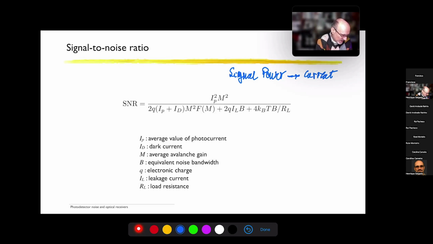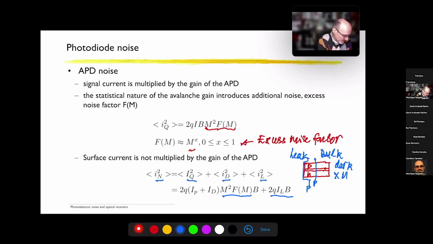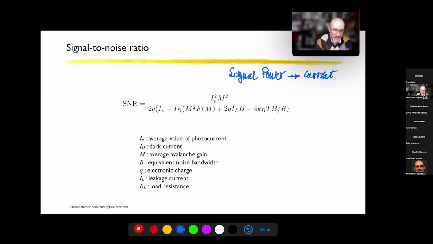The signal-to-noise ratio is defined using the signal power, the electrical power associated with this current.